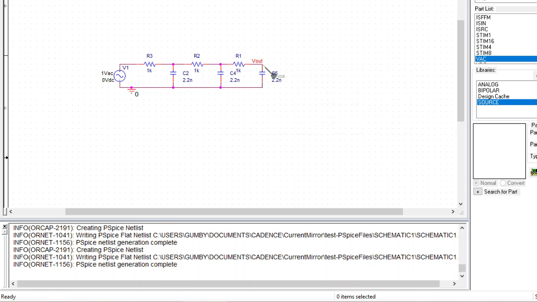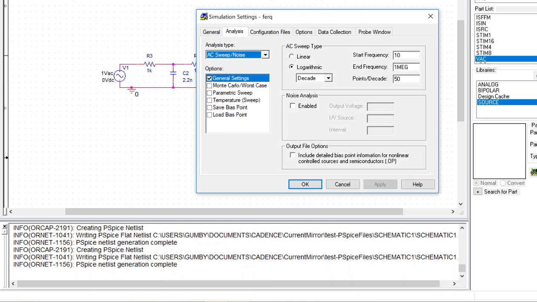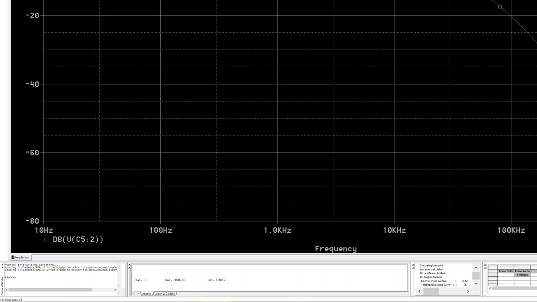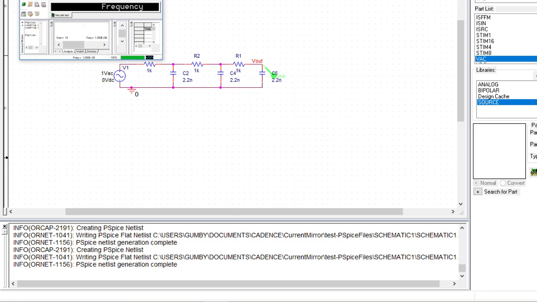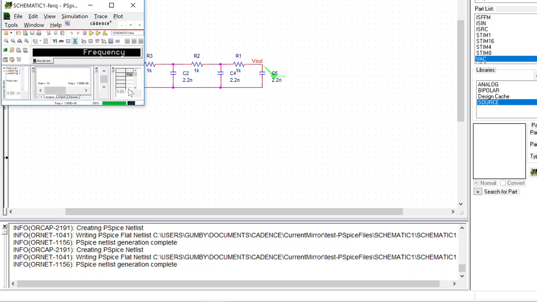And as far as my simulation profile here, if I look at the simulation profile, there we go. You can see I'm going from 10 hertz to 1 meg, and points per decade I'm doing 50. Alright. And we can see, well, you can't see it because you probably see just a blank screen right now. So let me resize this so it goes into the recording window.